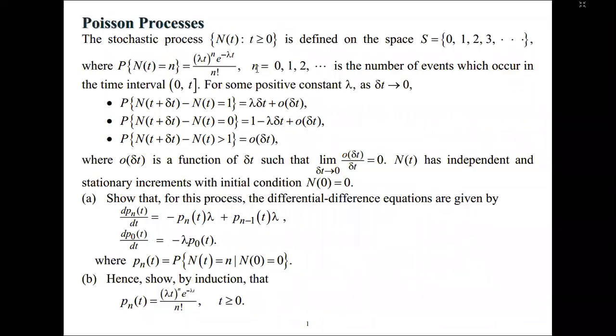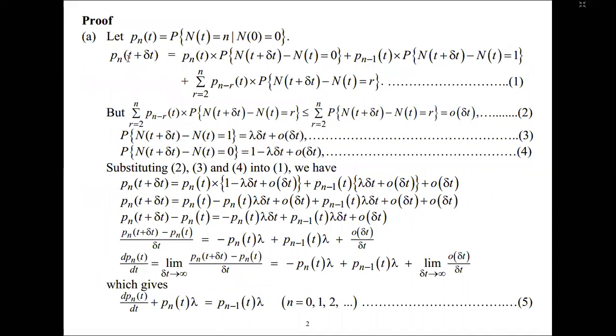There are 3 categories. When you look at the previous screen, we can divide this probability into 3 categories: the probability that only one event occurs, the probability that no event occurs, and the probability that more than one event occurs. So the probability at time t plus delta t is given by this.